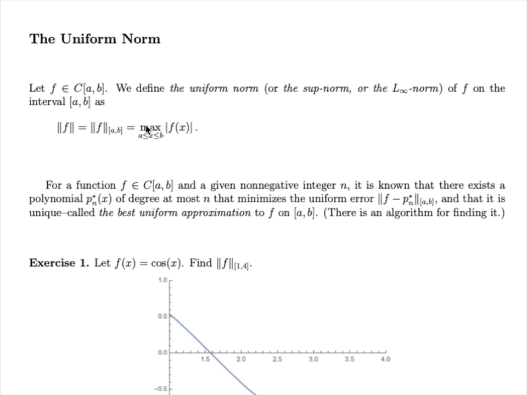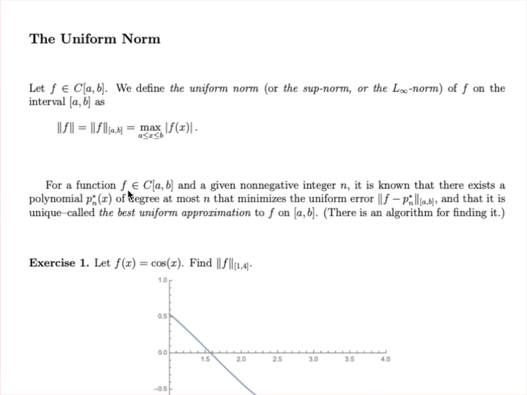So this norm indicates how far the function is from the origin, or from zero. And if we want the distance between two different functions, then we find the norm of f minus g if the two functions are f and g.